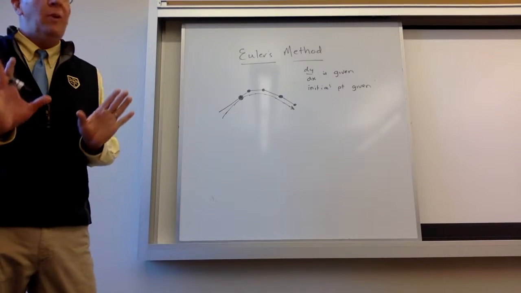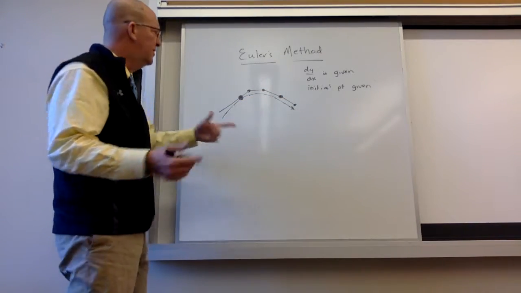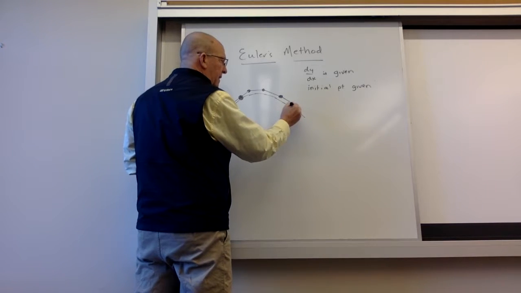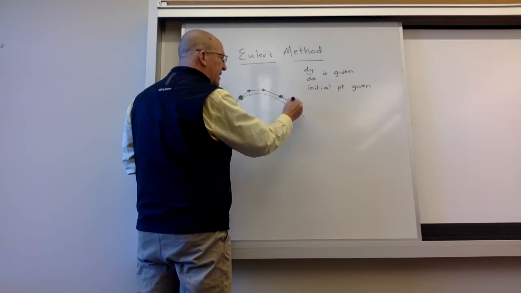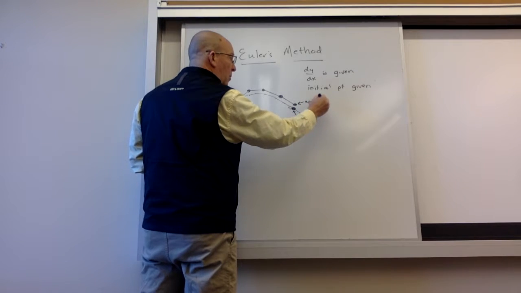I'll never know the equation of the function, but I'll be able to get the y values so that at some future point, I can say, okay, this is my approximation for that point using Euler's method.